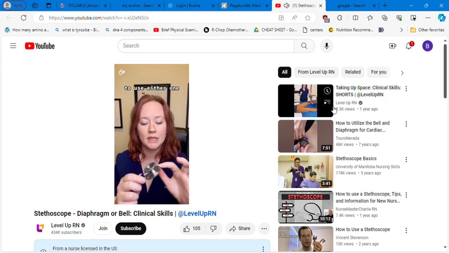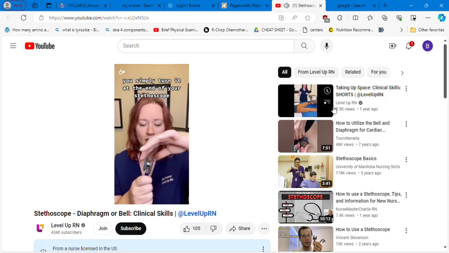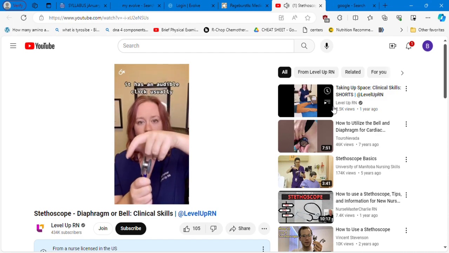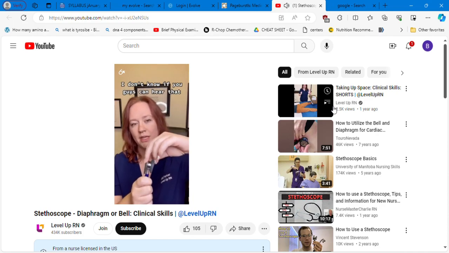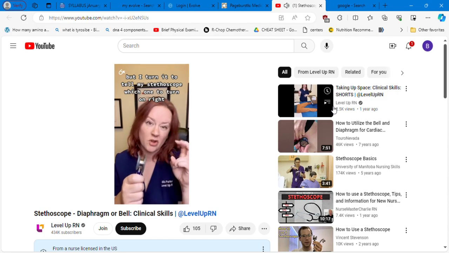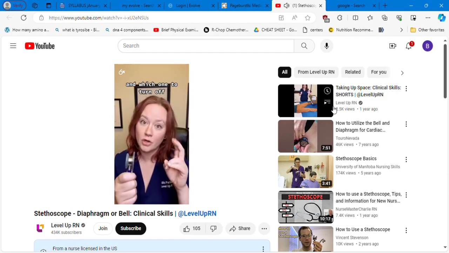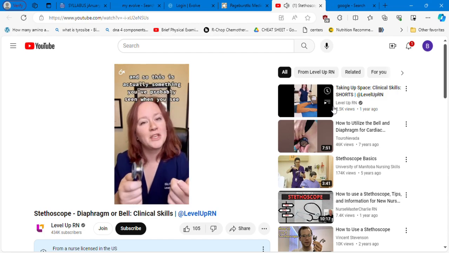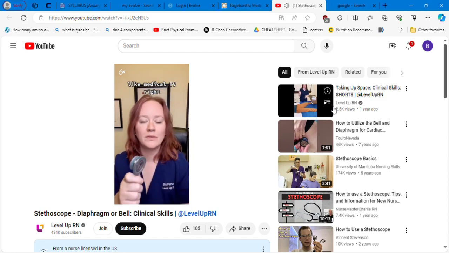To use either one, you simply turn it at the end of your stethoscope. It has an audible click usually. I don't know if you guys can hear that, but I turn it to tell my stethoscope which one to turn on, right, and which one to turn off. And so this is actually something you've probably seen when you see like medical TV, right?